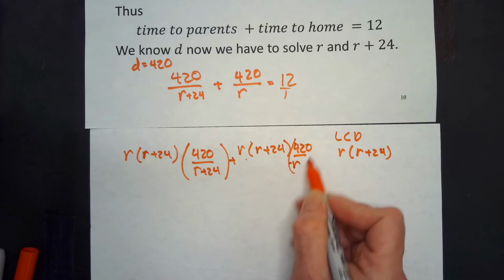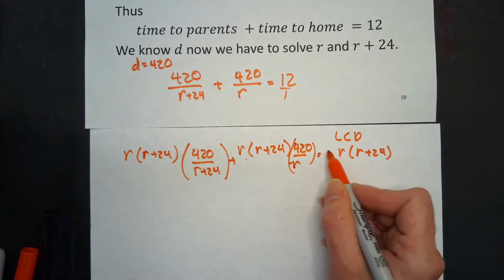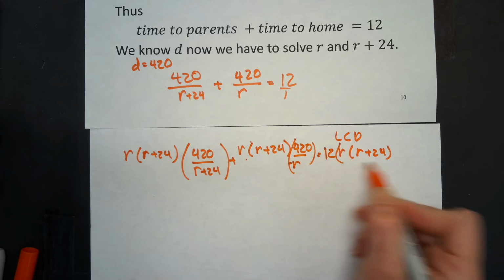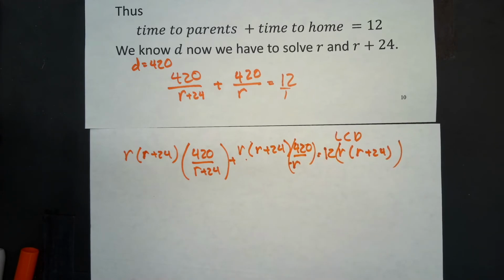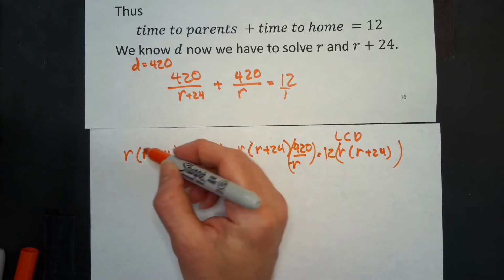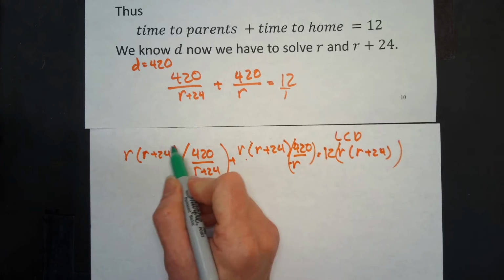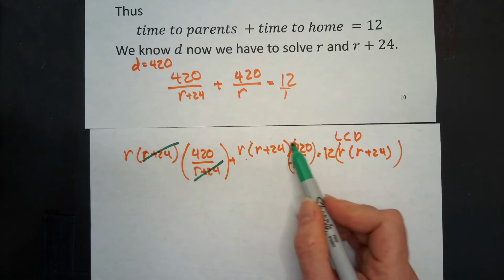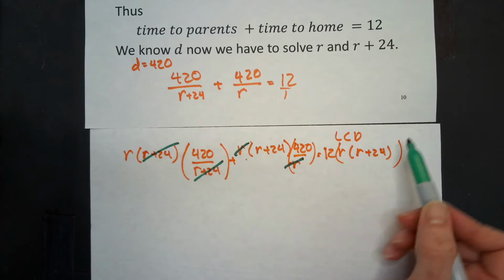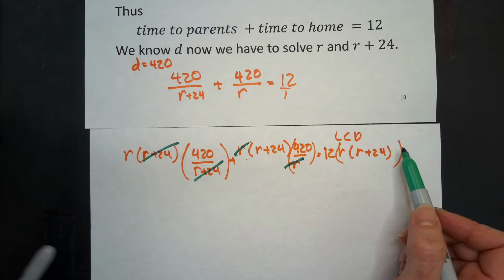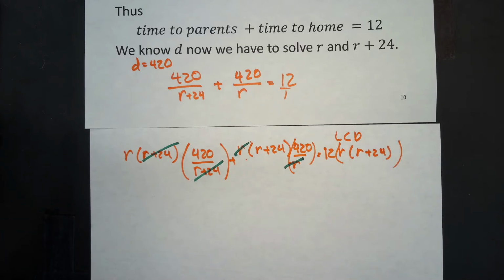Actually, no, I just put 12 here and multiply by this common denominator. We can do that. So what are we going to get here? Our R plus 24s cancel in the first term. And then our R's cancel in the second term. And then nothing cancels in our last term. So we're going to get the following.